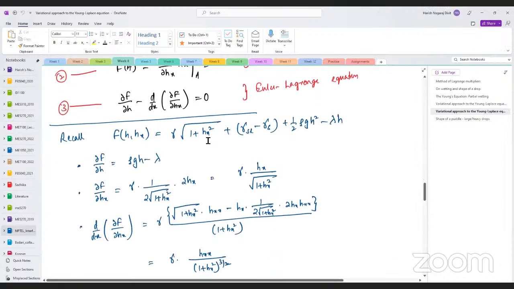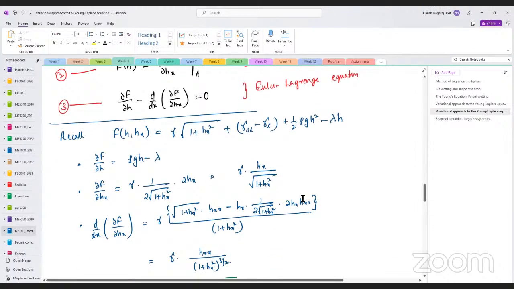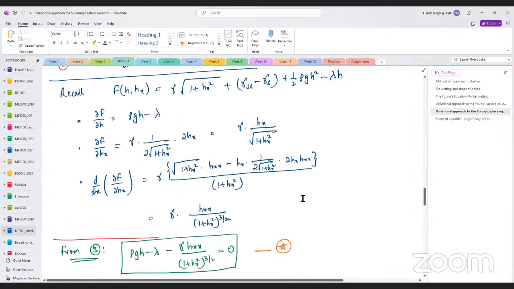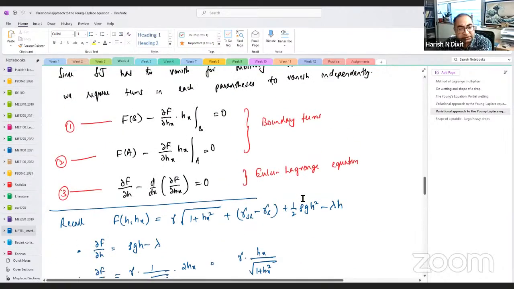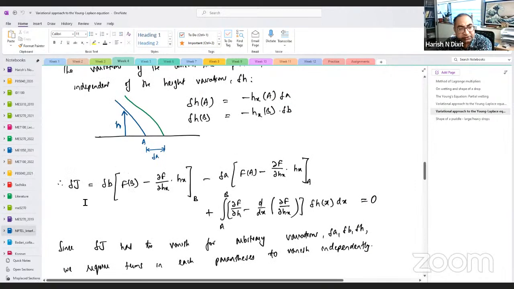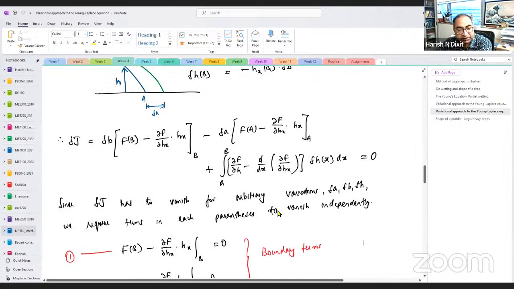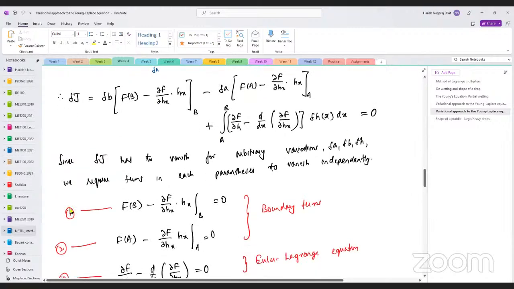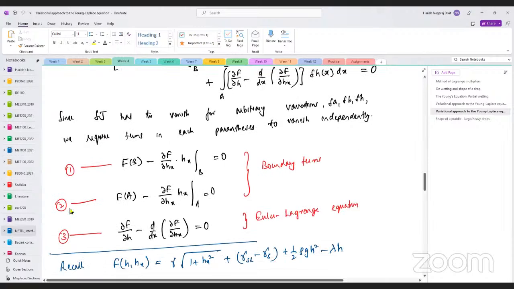Here. Here we are just saying that this is the variation in the functional, and if this variation has to go to 0, then either this can go to 0 or this can go to 0.